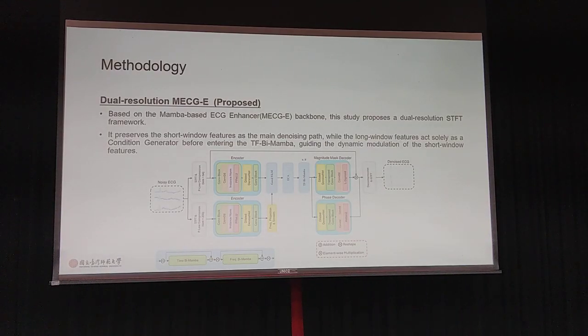Instead, we use the adaptive FiLM module to treat the long window feature as a condition generator, passing it to a 1+3 stepwise convolution for frequency domain mapping. We generate three modulation parameters, gamma and beta. These parameters apply a non-linear scale and shift modulation to the short window features. This frequency guidance in the subsequent feedforward Mamba network helps it remove the noise while completely avoiding the risk of the spectral domain.